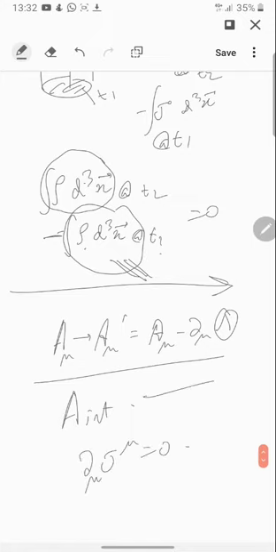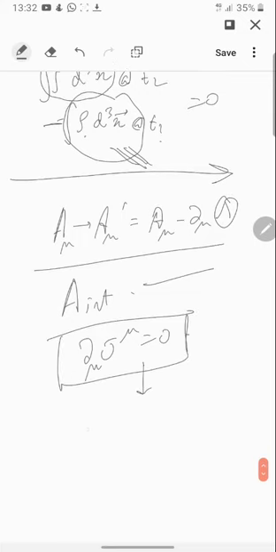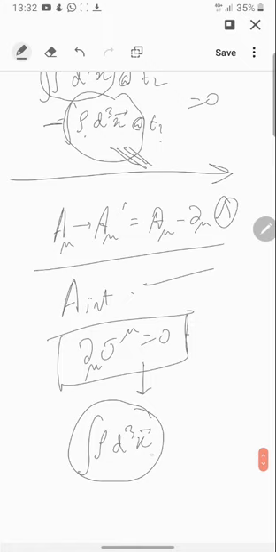That means gauge symmetry demands this condition, and this condition leads to conservation of charge, that is the spatial integral of rho d3x is unchanged with time. When we see this at T1 and again at T2, the quantity is same, that means charge is conserved. So, gauge symmetry of electrodynamics leads to conservation of charge.